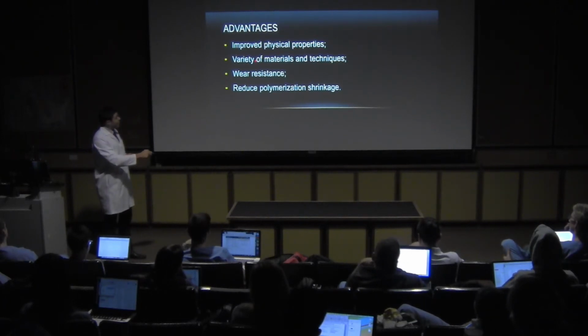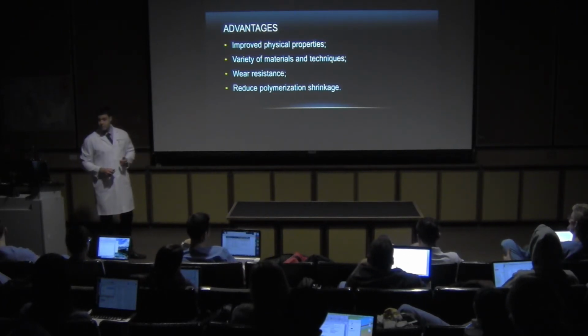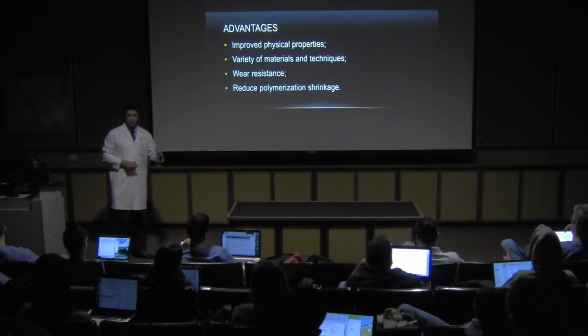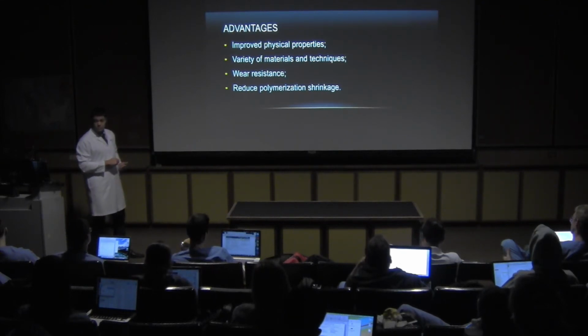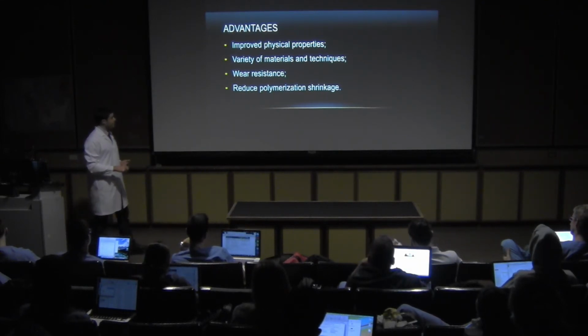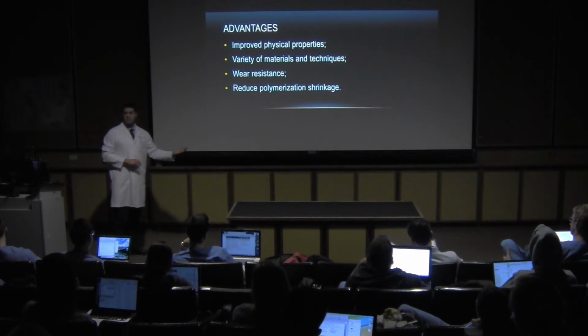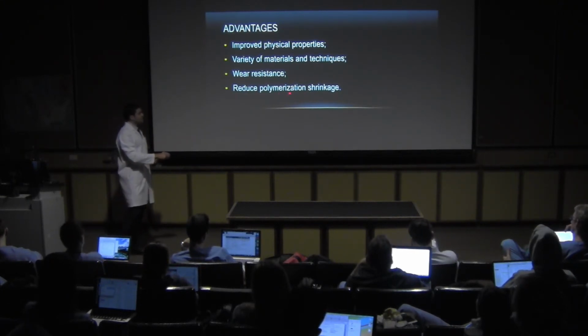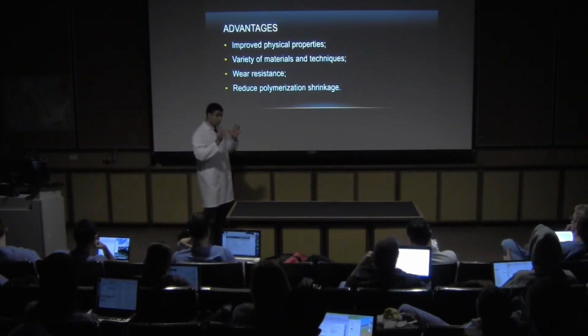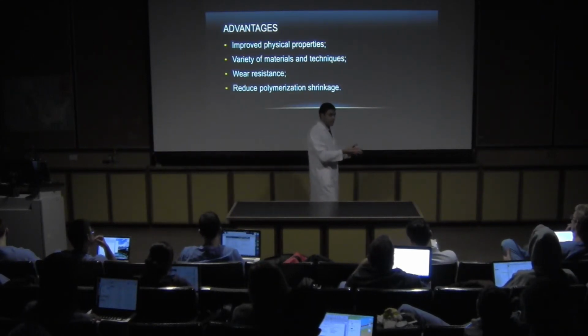We have a variety of materials and techniques, like regular and optical impression. They are more resistant, much more resistant than a composite resin, and have reduced polymerization shrinkage, because this is going to happen outside the mouth.